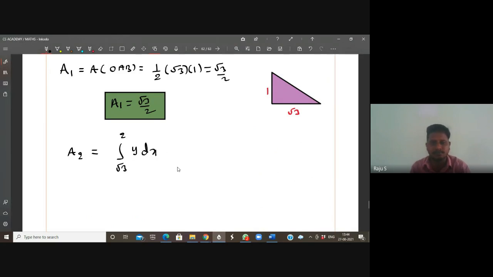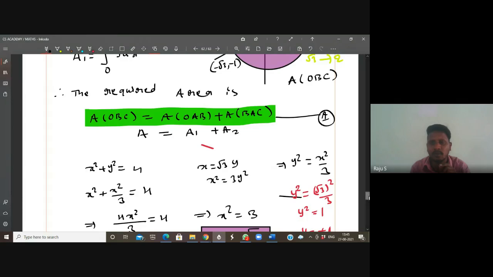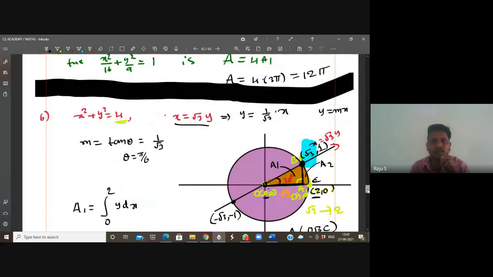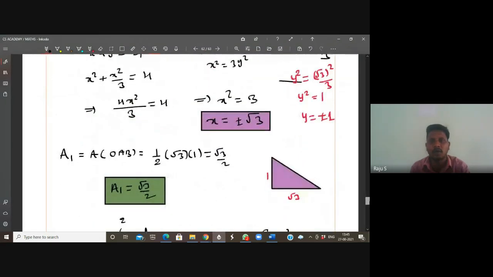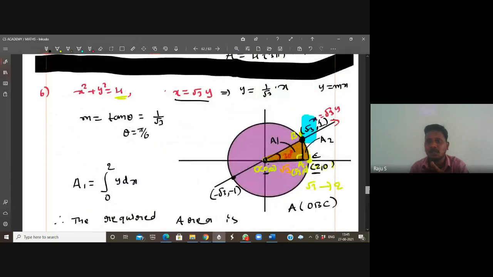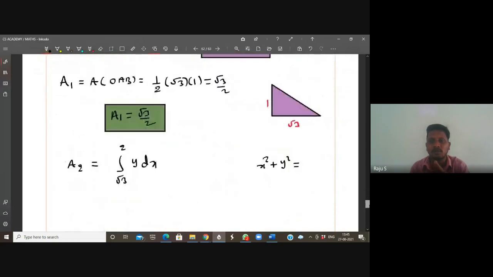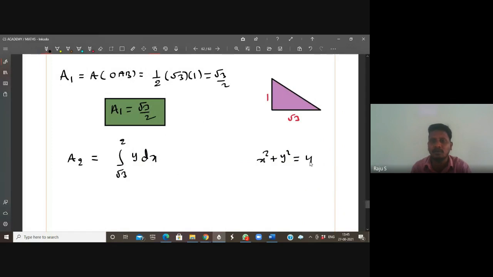So what is the y value? x square plus y square is equal to 4, which is related to only the circle. From the circle alone you have to find the y value, not from the line. The area A2 belongs to only the circle, so y square is equal to 4 minus x square, y is equal to root over 4 minus x square.